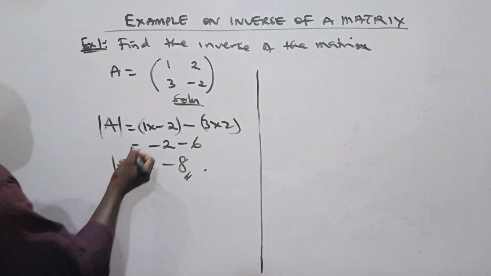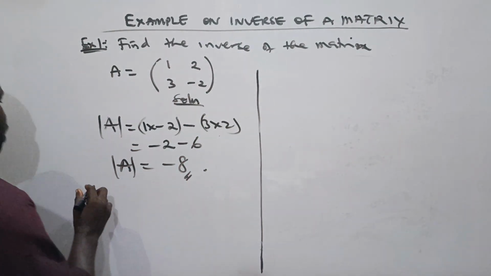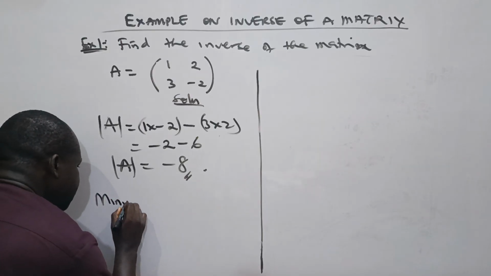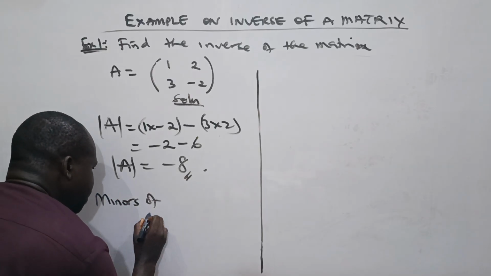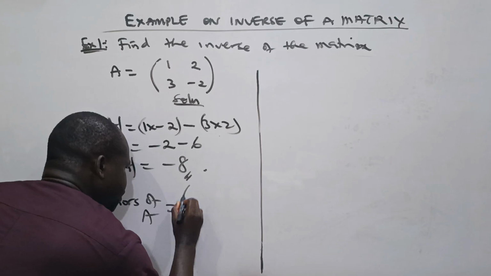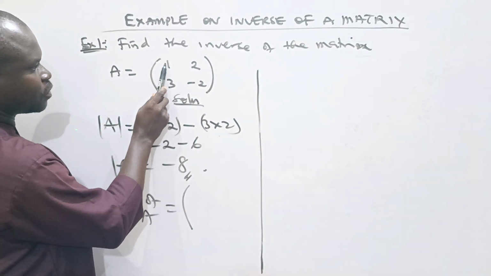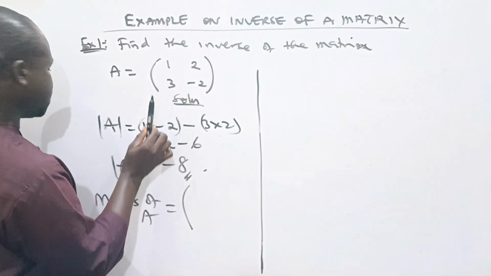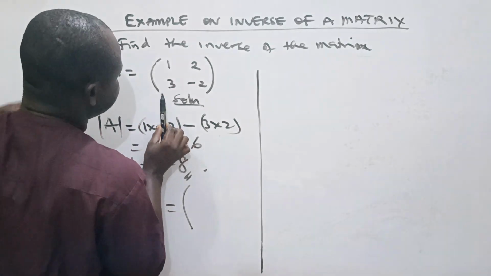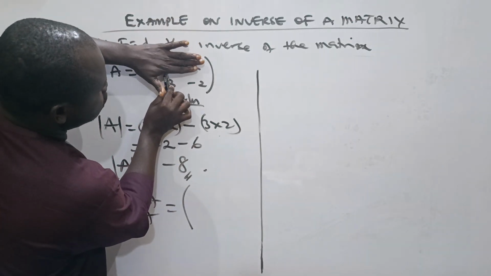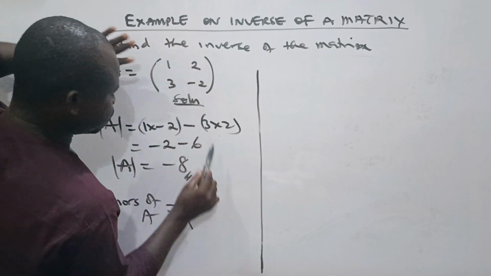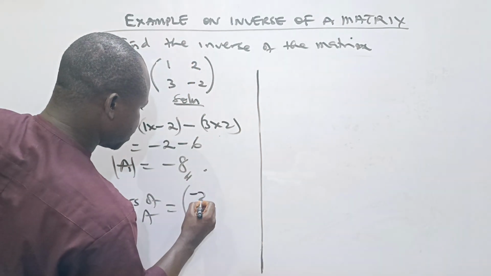So we go ahead and find the minor of A. How do we find the minor of A? By formula, if you want to find the first minor of A, we pretend as if we cover the first row and first column. The leftover is minus 2. So the first value here will be minus 2.